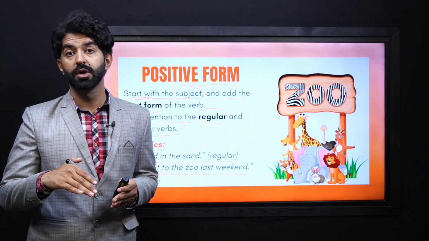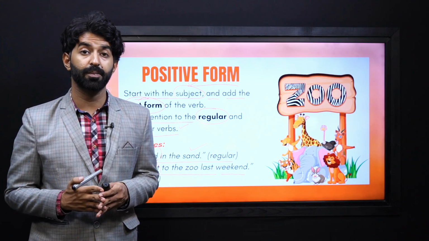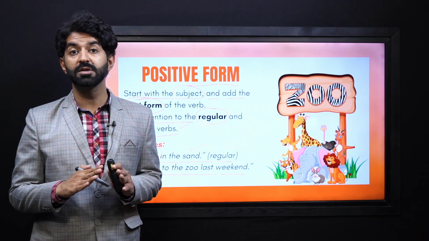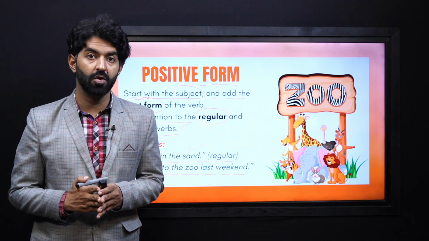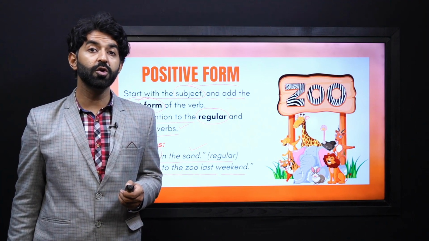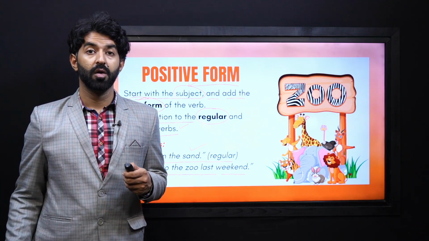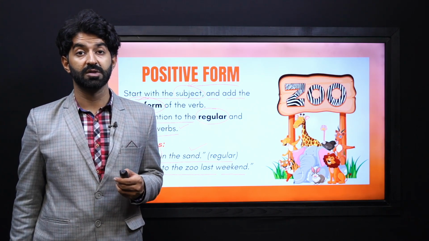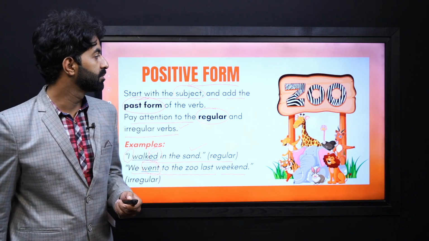And if you transfer it into the past form, it becomes went. So it is completely changed. That's why we call it irregular verbs. So now you can identify what kind of verb is used in the tense, whether it's regular or irregular.